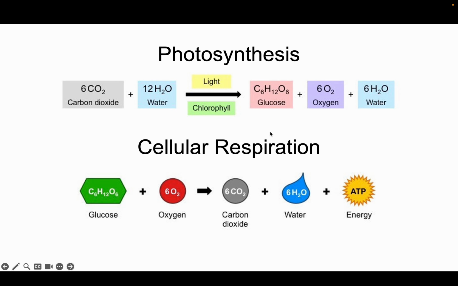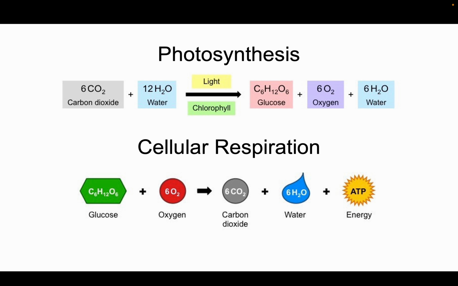In cellular respiration, we start with glucose and oxygen, which are essentially the product of photosynthesis, and that becomes the reactants of cellular respiration. And as a result, we make carbon dioxide, water, and energy. So these are the products of cellular respiration.